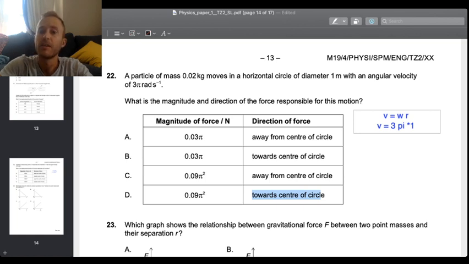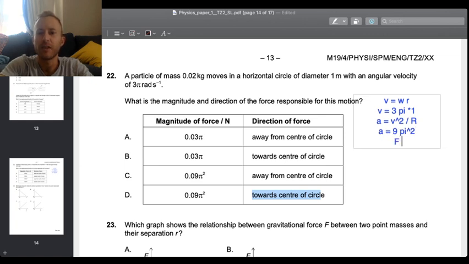Then that means the acceleration is V squared over r, so an acceleration of 9 pi squared over 1. And then F equals ma.